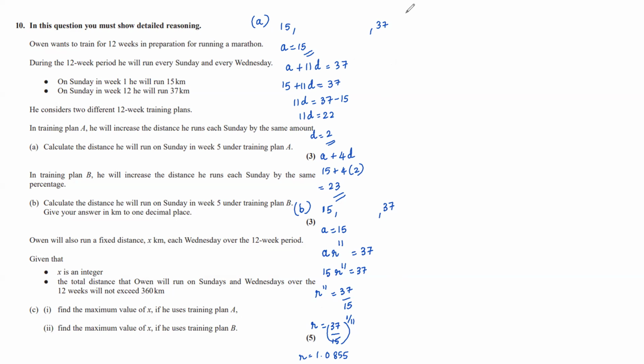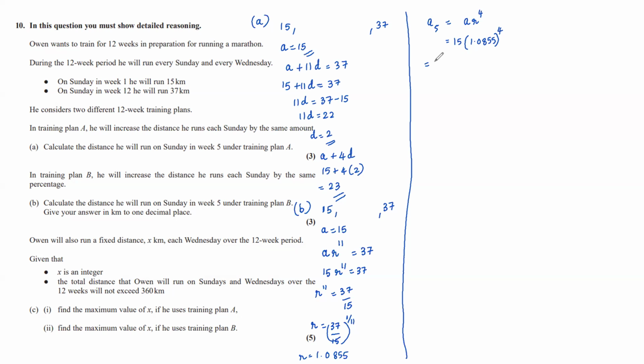Now, to get the B part, they're asking us to find out the fifth term. So the fifth term, we know it is A R to the power of 4. So which will give us A is 15 into R is 1.0855 to the power of 4.